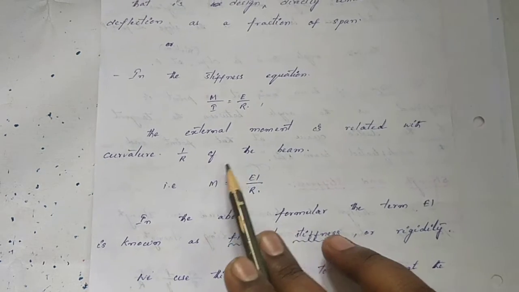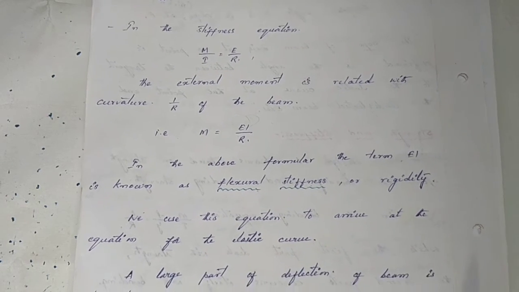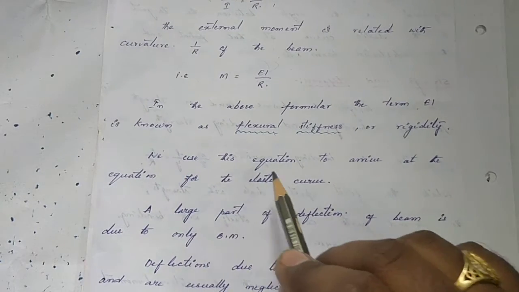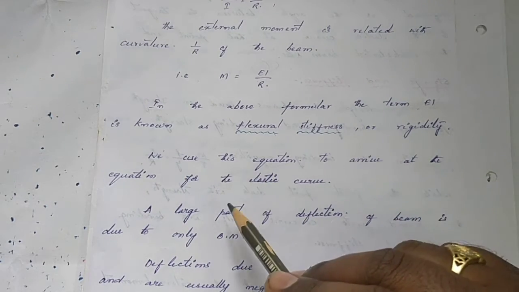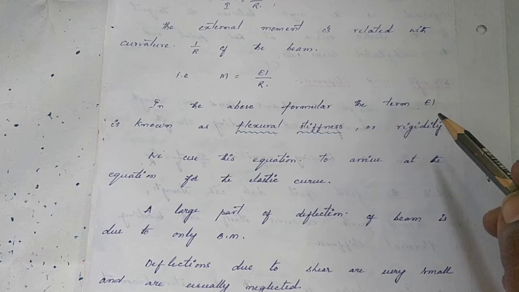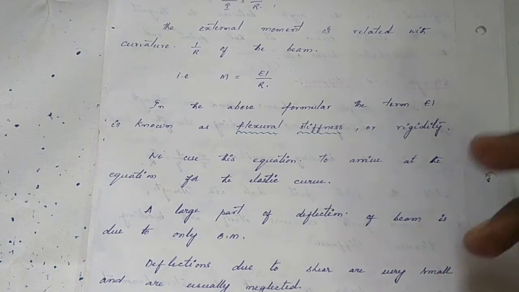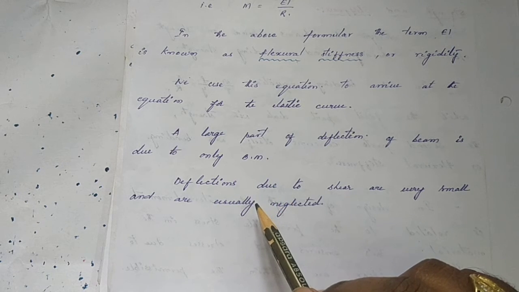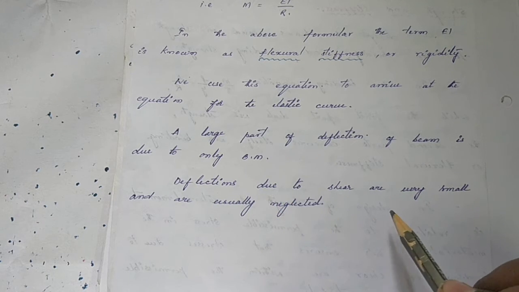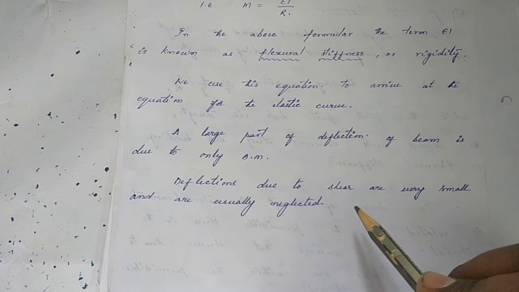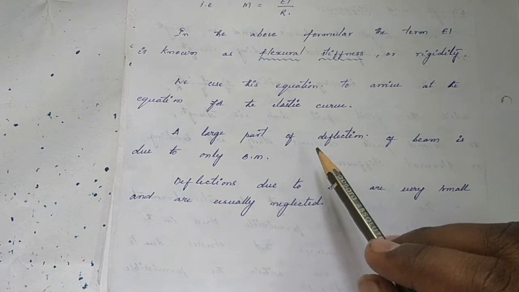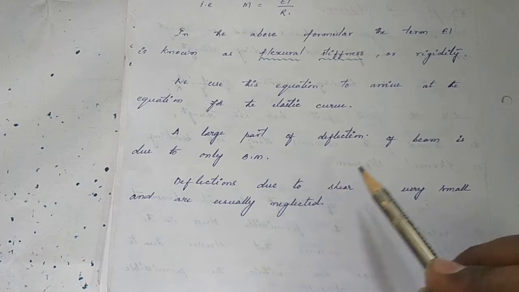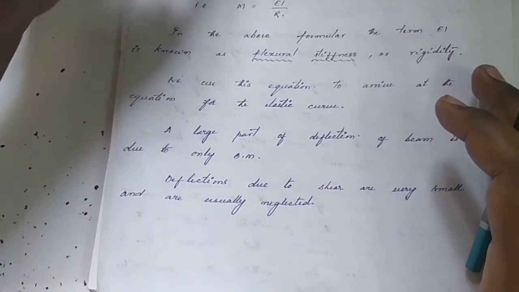Suppose we use this equation to arrive at the equation for the elastic curve. A large part of the deflection of the beam is due to bending moment only. Deflection due to shear is very small and usually neglected, so mainly we will consider the bending moment for calculating the slope and deflection.